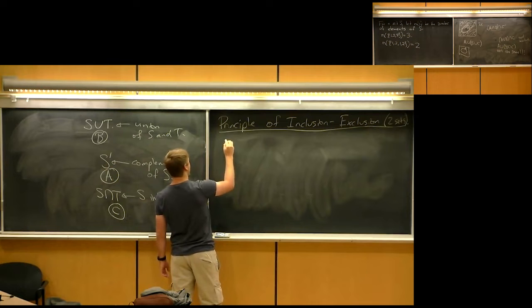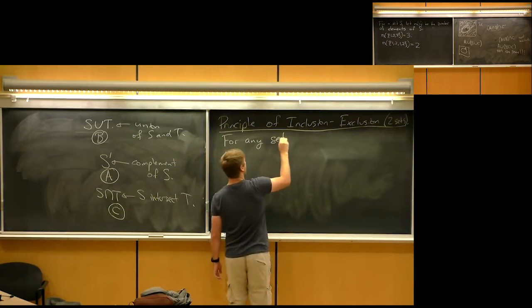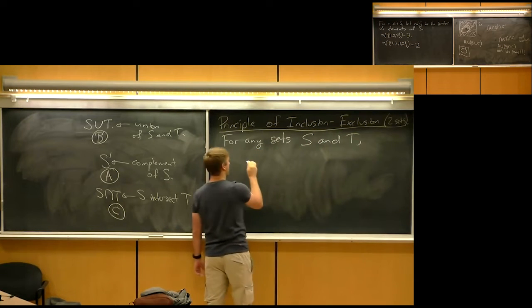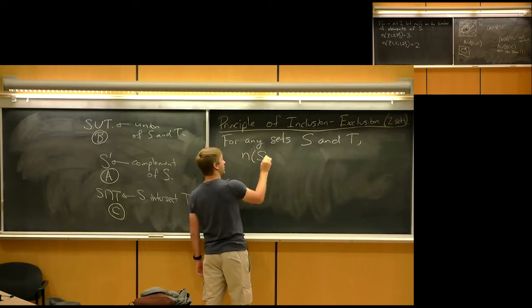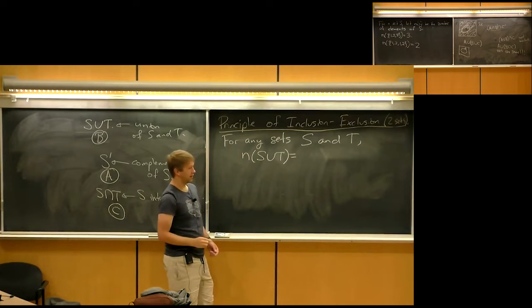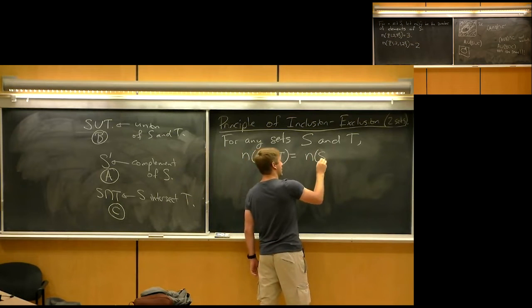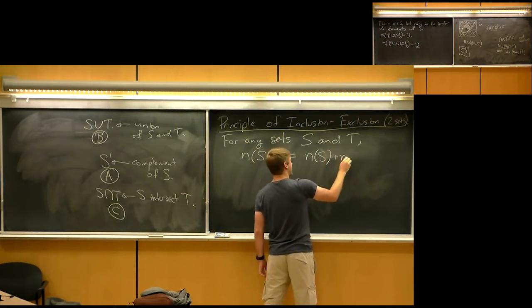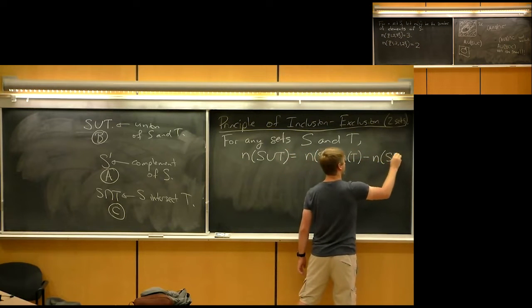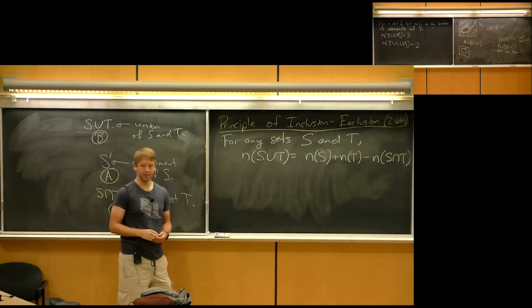What it says is that for any sets S and T, the number of elements in the union of S and T is equal to the number of elements in S plus the number of elements in T minus the number of elements of S intersect T.